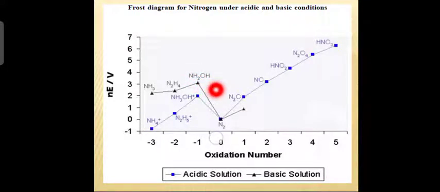If the point lies below the connecting line, then it should be more stable. Therefore NH2OH readily decomposes because it is less stable. It easily decomposes to give NH3 and N2 even at room temperature.